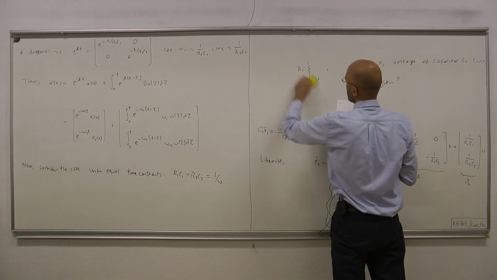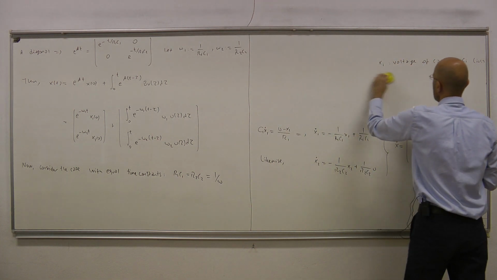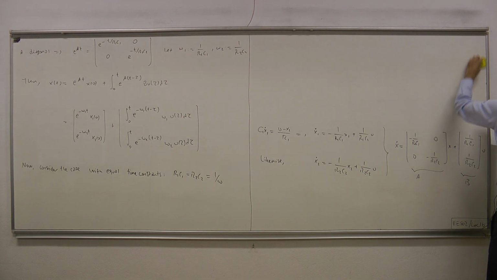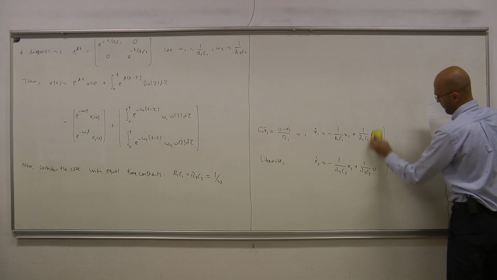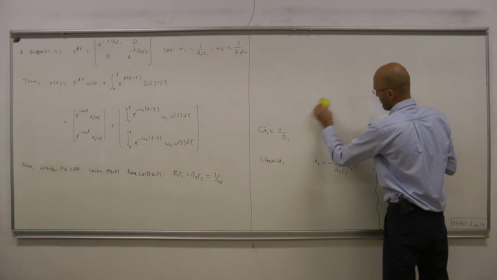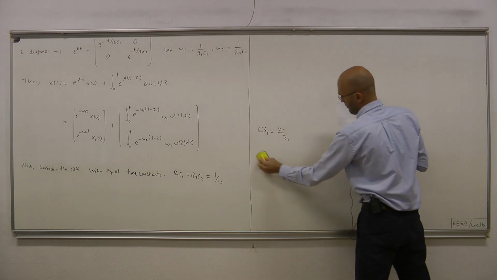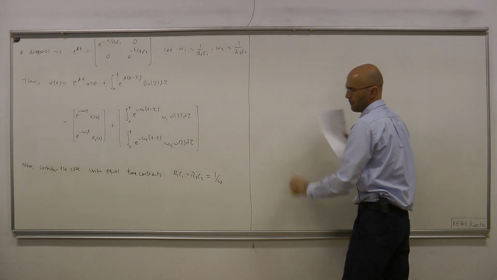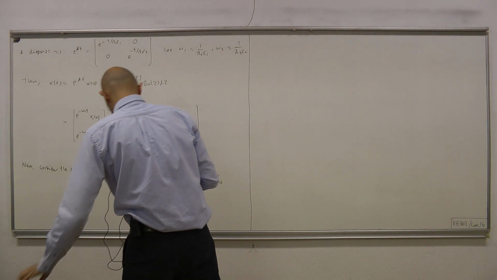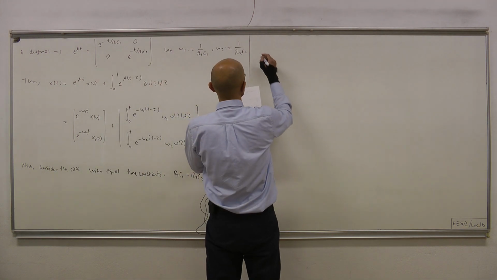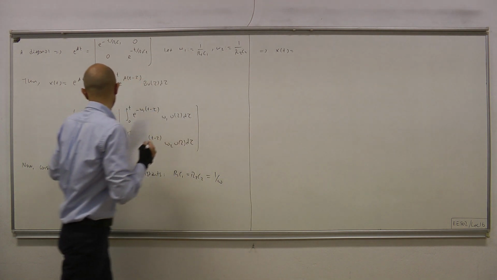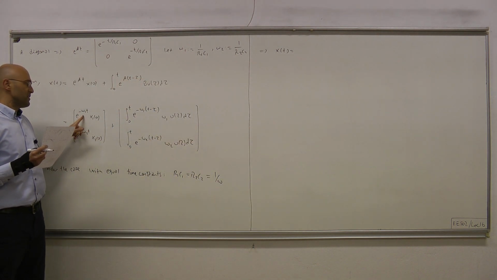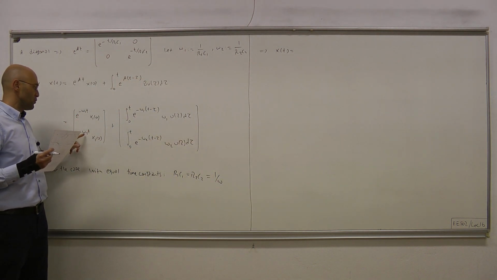So under that assumption, let's rewrite x of t, which will become much simpler. Now this is e to the minus omega t, and this is e to the minus omega t.